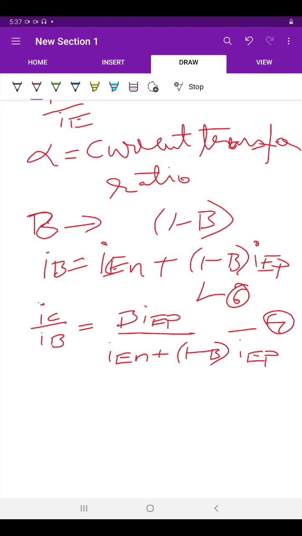So the relationship between the collector current and the base current is B into IEP divided by IEN plus 1 minus B into IEP.